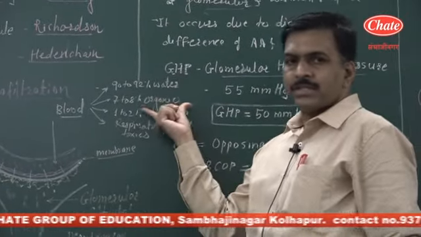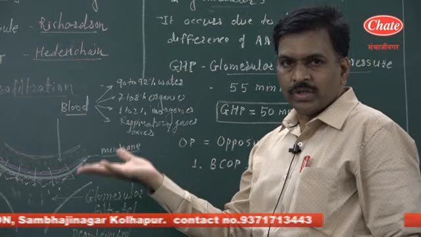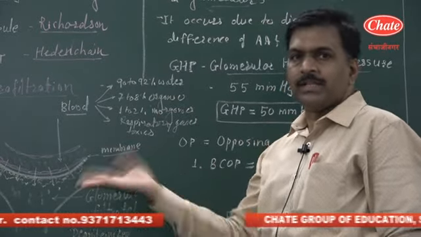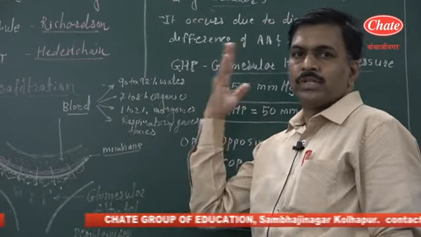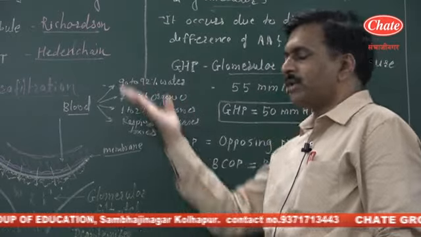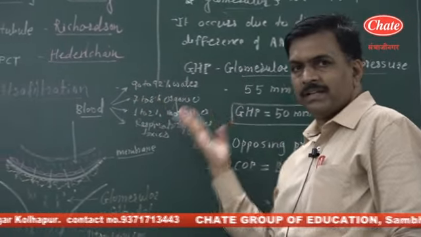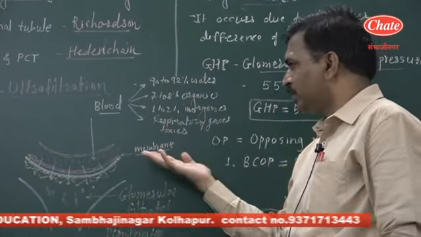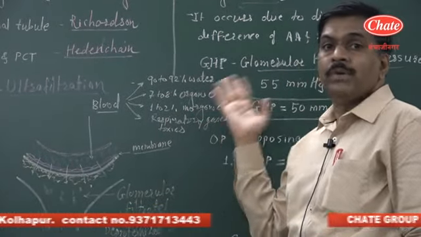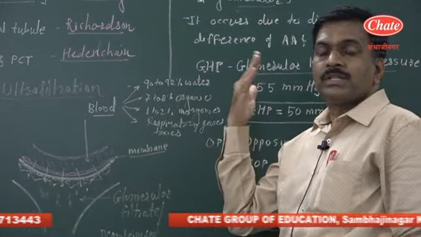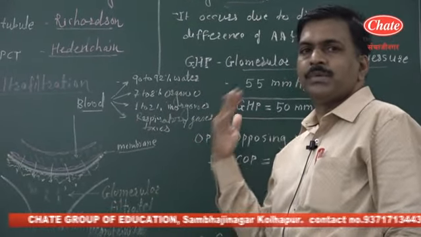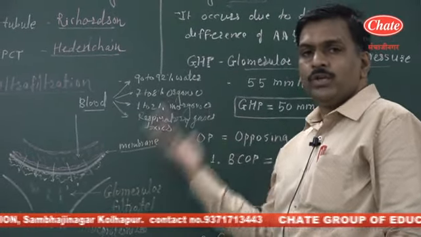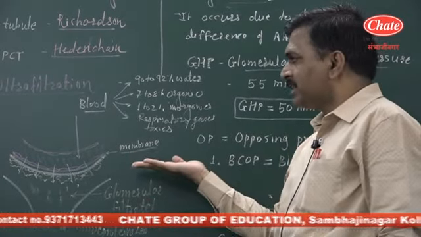In organic substances, there are nutrients in simple form like monosaccharides, proteins in the form of amino acids, fat in the form of fatty acids and glycerol. There are vitamins, water soluble and fat soluble. There are organic nitrogenous wastes: ammonia, urea, uric acid. Some creatinine is also present.